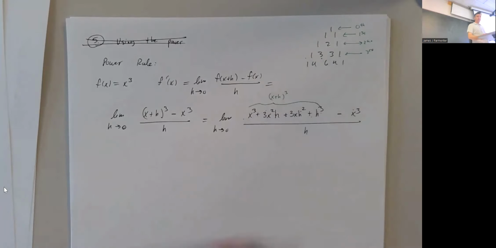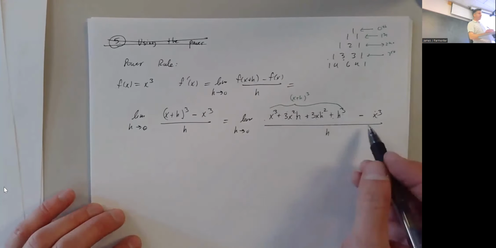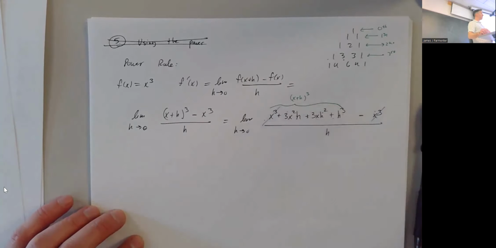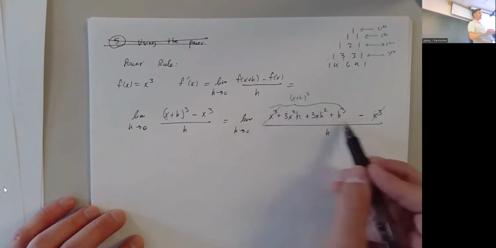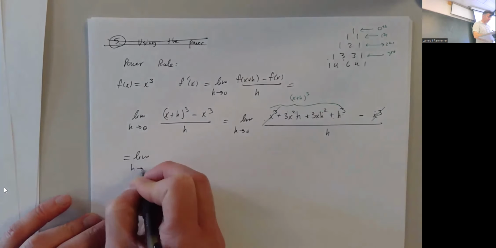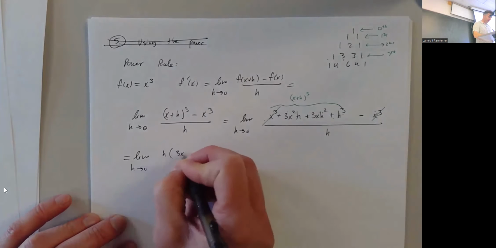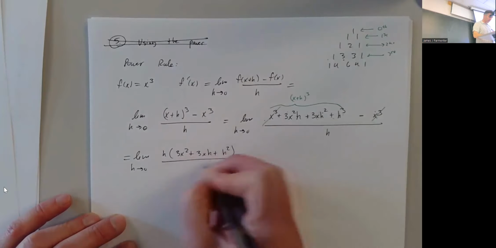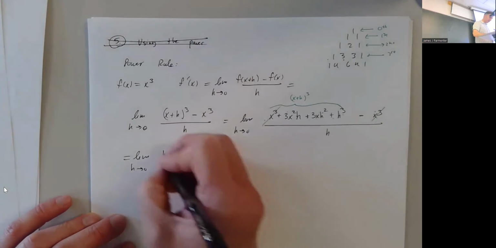So we're going to do it a couple more times just to see that it really does work. But here, the usual thing happens. The x cubed and the minus x cubed cancel out. Everything left has an h in it, so I'm going to factor out an h. I've got a 3x squared plus 3xh plus h squared. H divided by h is 1.